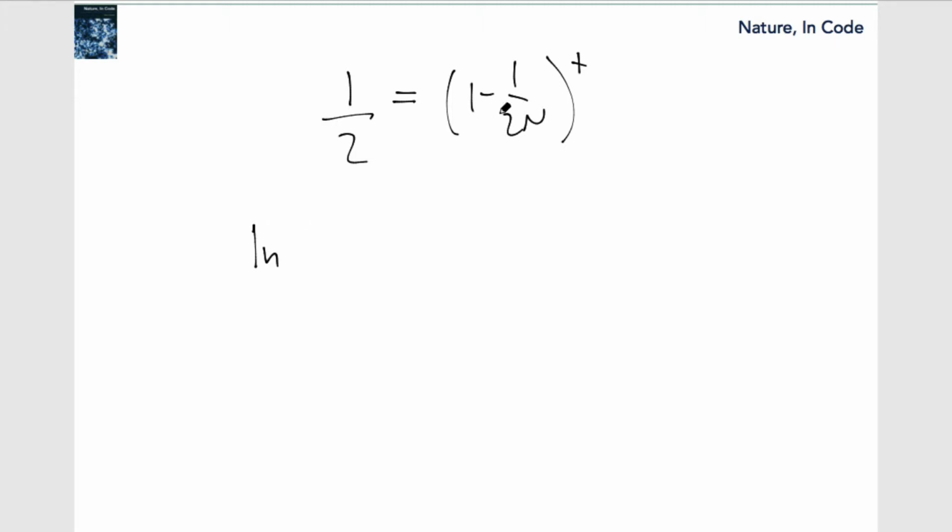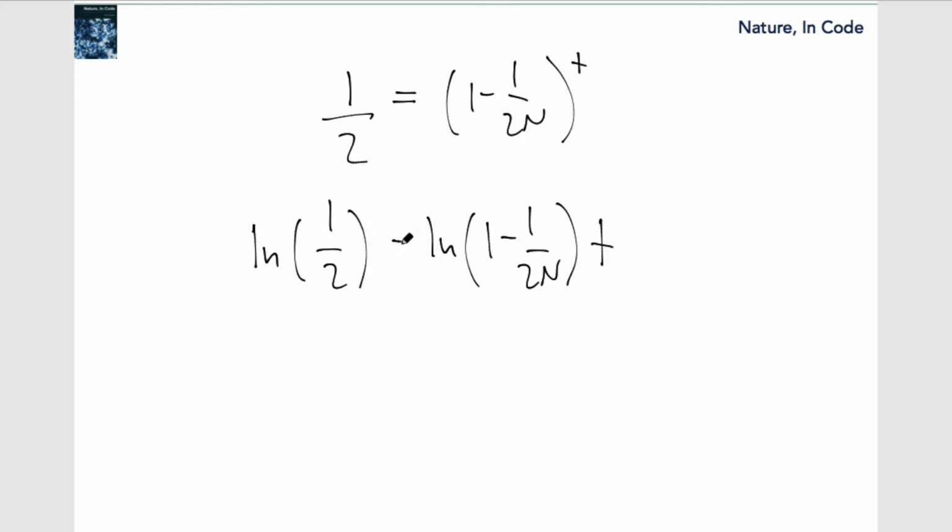The logarithm allows me to bring that t down from the exponent, but then I have to take the logarithm of this term, and consequently I also have to take the logarithm of this term. All right, so that's essentially as far as we would get with just regular algebra.